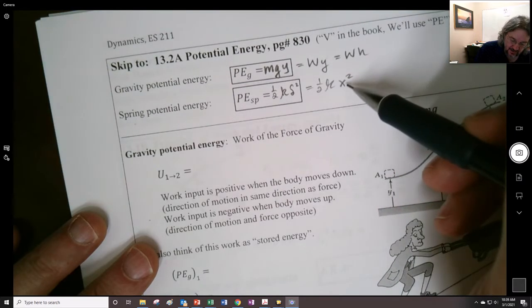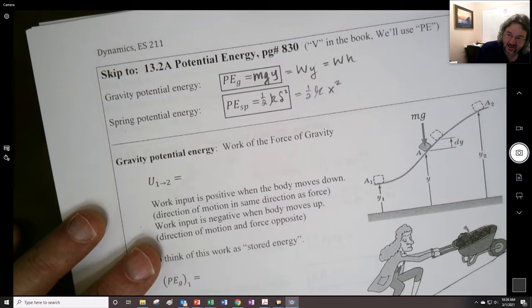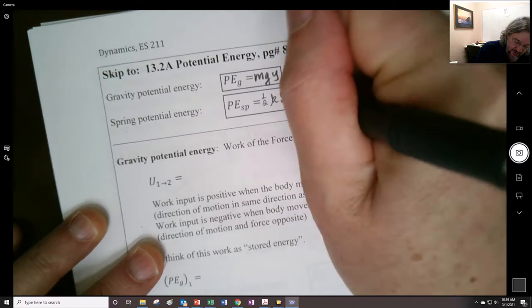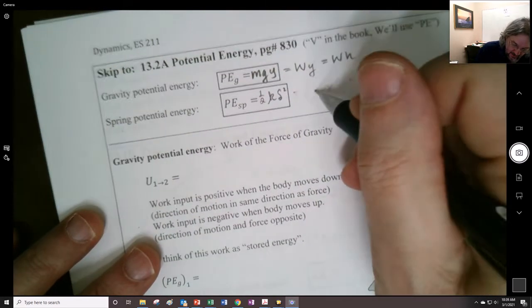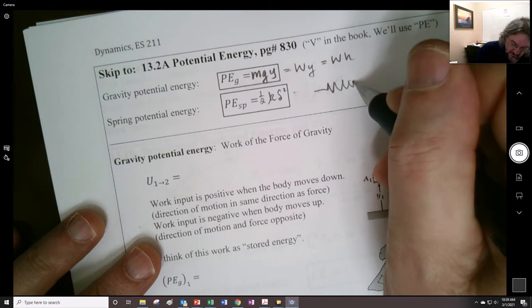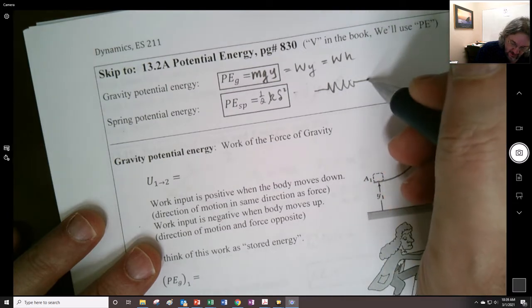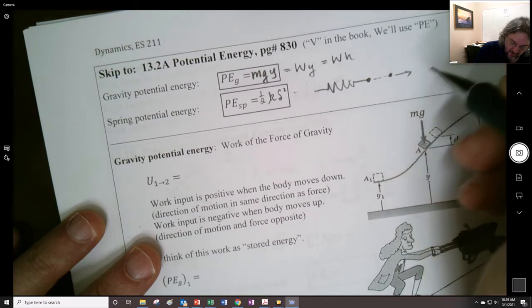The thing is, this is spring stretchiness, so it doesn't have to be in line with any coordinate axes. It's only the amount of stretch. So I prefer to just say del, where I'm going to write this down below anyway, but here's my spring unstretched right here, but then it gets moved right here.